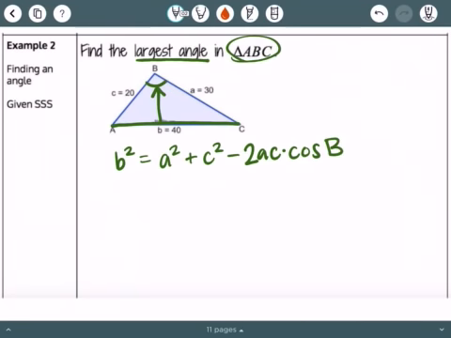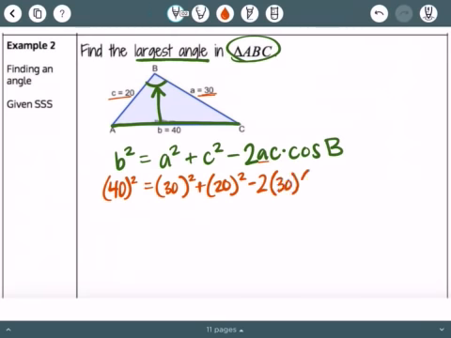So I know that B is 40 squared. I know that A is 30 squared. I know that C is 20 squared, minus 2 times A, which is 30, times C, which is 20, times cosine B. I don't know what B is.